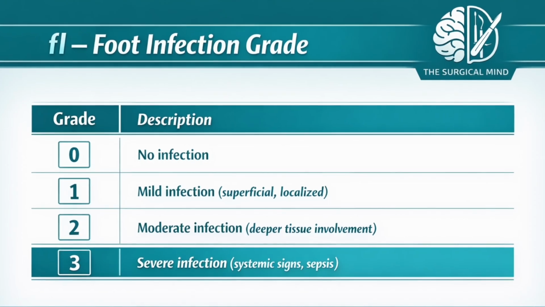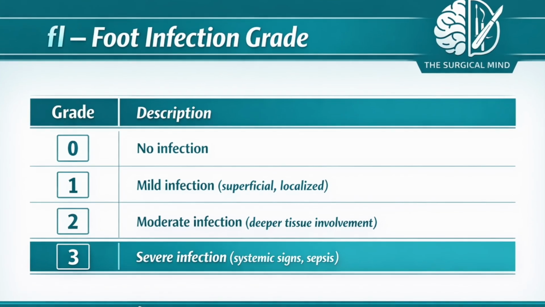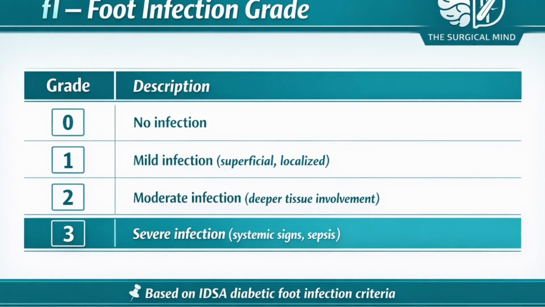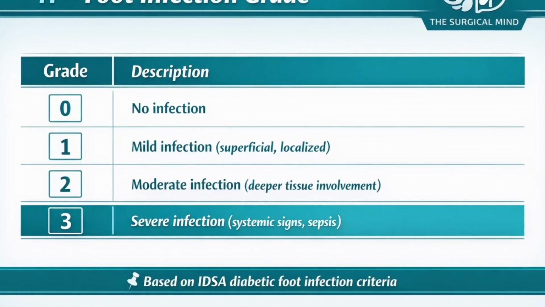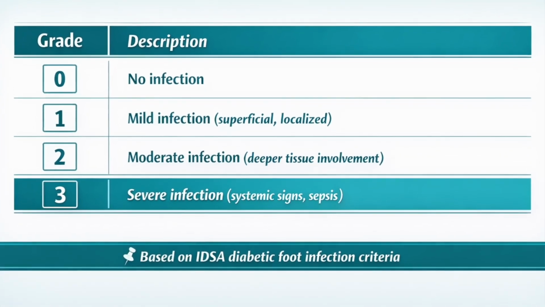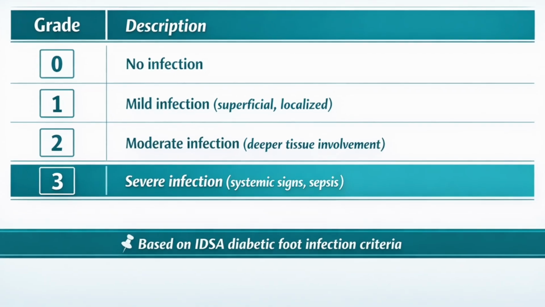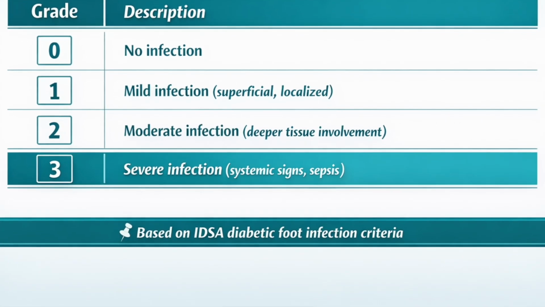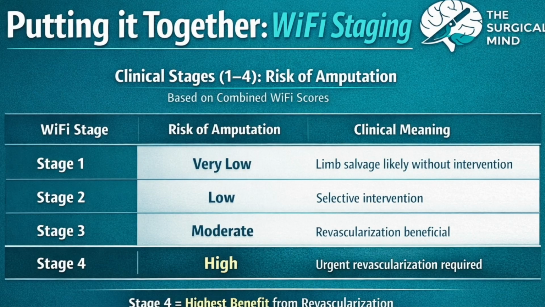Next we come to the foot infection, and foot infection is again divided into 4 grades, that is grade 0 no infection, grade 1 mild infection, grade 2 moderate infection with deeper tissue involvement, and grade 3 severe infection with systemic signs and sepsis. So putting all these tables together, we get the WIfI classification system, which can be grouped as follows.